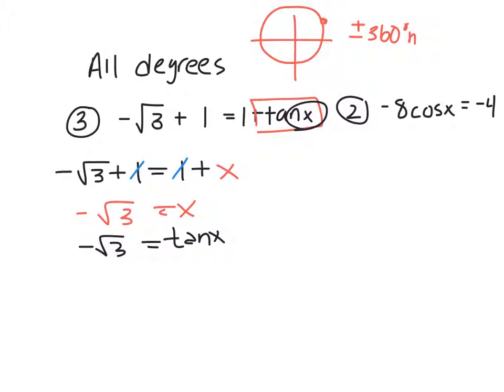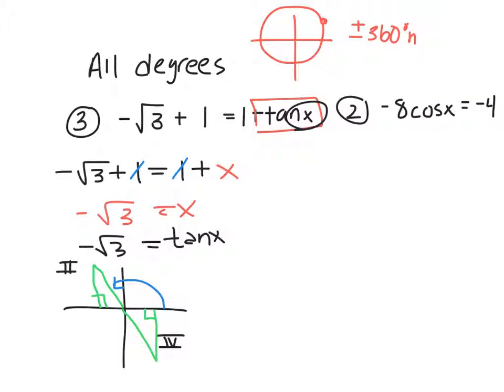So again, know that chart, that tangent of 60 is root 3, and tangent is negative in the second and fourth quadrants. So I'm going to create a 60-degree angle and make it perpendicular with the x-axis. Another 60-degree angle, make it perpendicular to the x-axis.